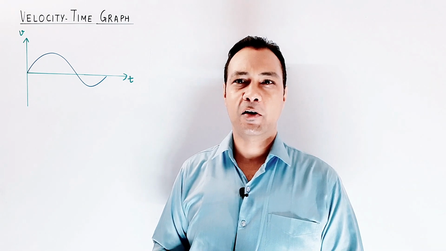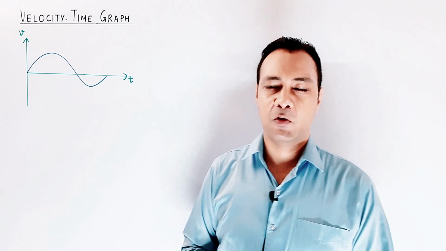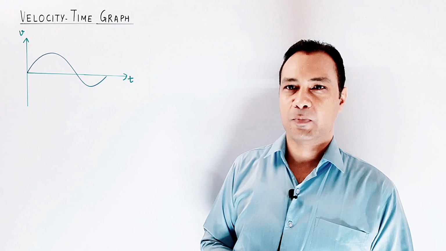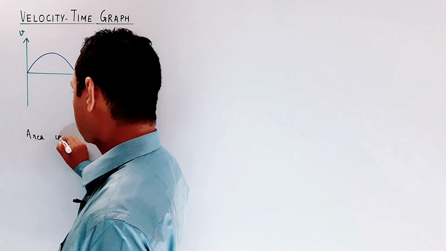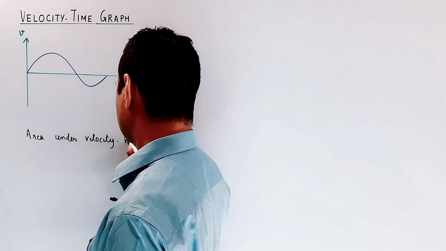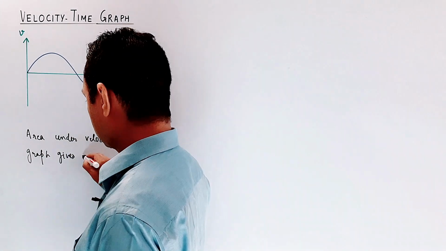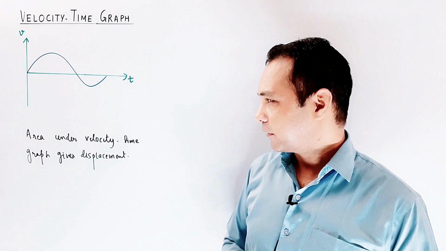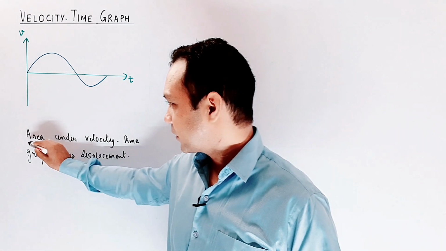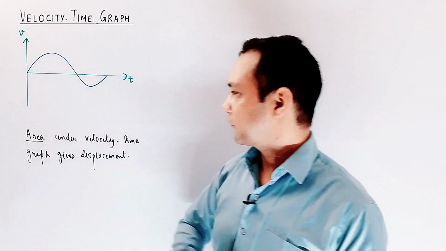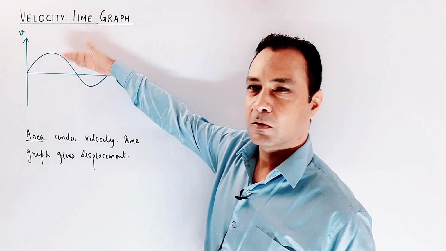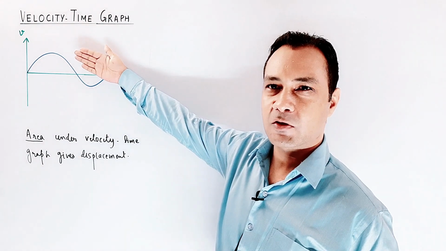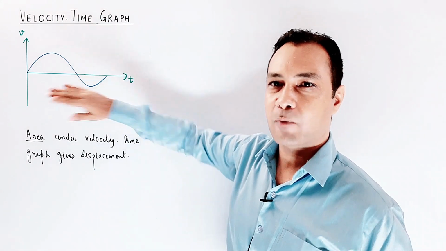And we also studied that the area bounded by the velocity time graph gives the displacement. Here it's important to recall that the area bounded by the curve can be positive or negative. If the area is above the time axis, that area is positive, and if it is below the time axis, that is negative.